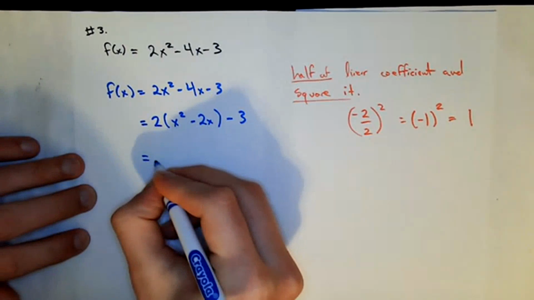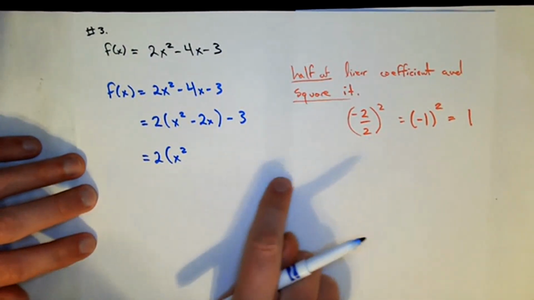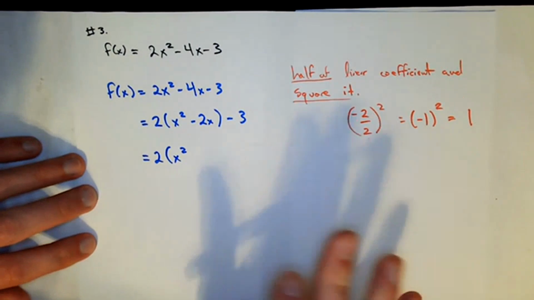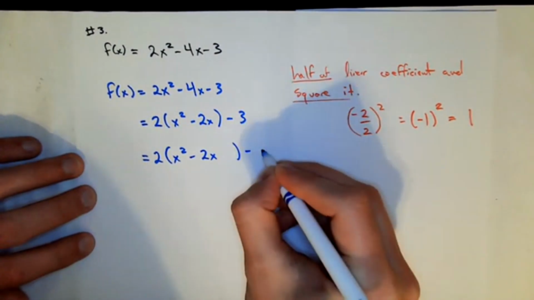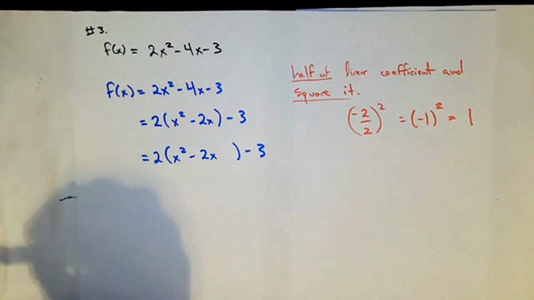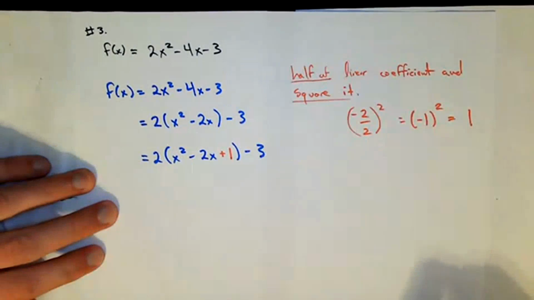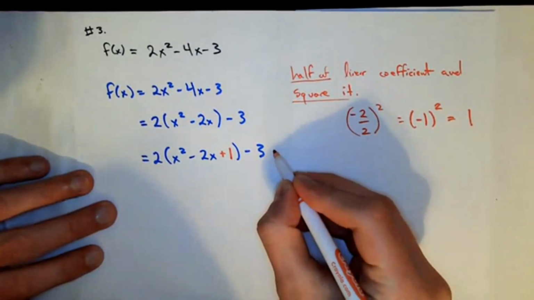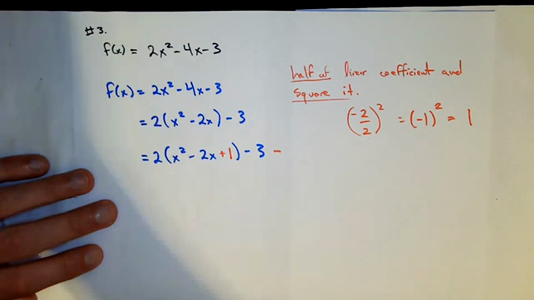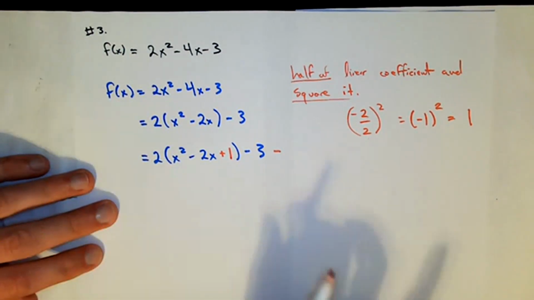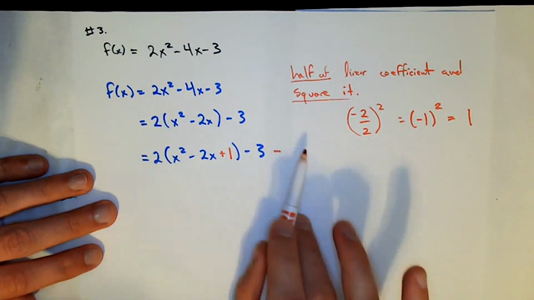But remember, there's a bit of funny business that can happen where the thing that gets added or subtracted outside the parentheses looks a little different. So here we go. This is where we are right now. We're going to add that 1 right here. And then I need to make up for that by subtracting 1 out here, except it's not just a 1, right? We have to be a little bit more careful and say, oh, wait, what did I actually add to this function?